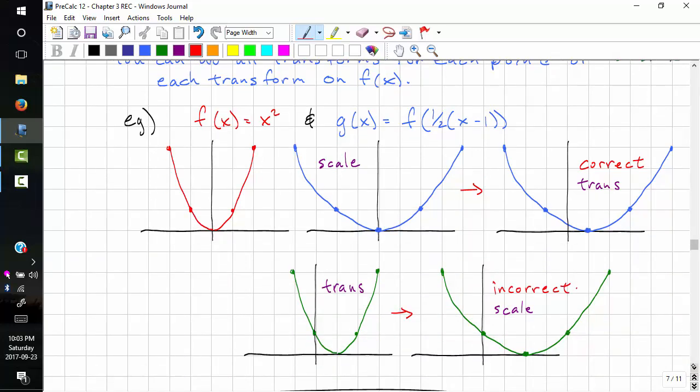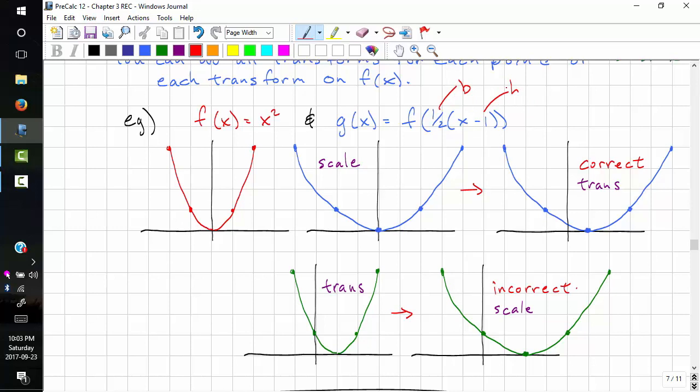We have f of x equal to x squared, and we have g of x equals 1/2, and in brackets, x minus 1. So this is our b, this is our h. So this is horizontal, and this is horizontal.